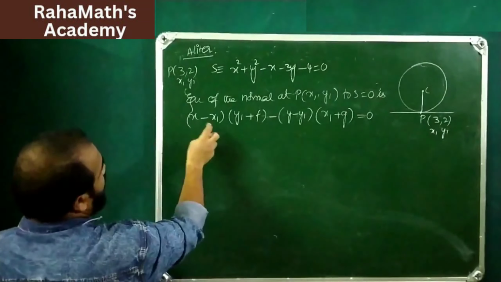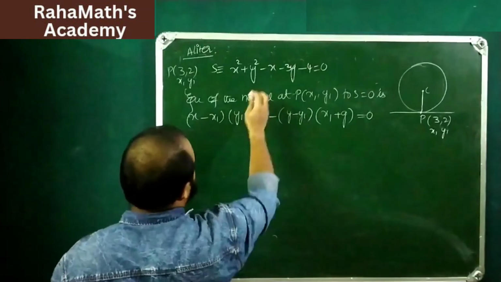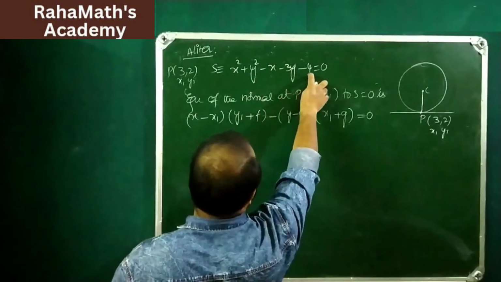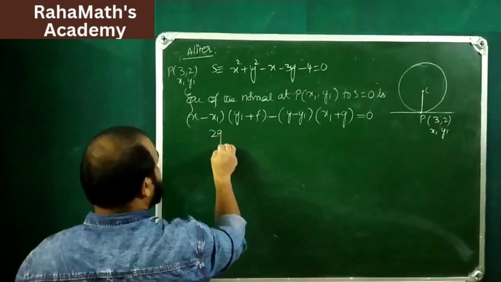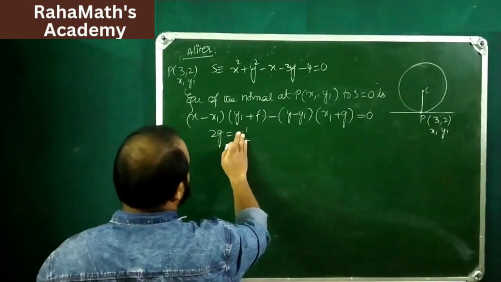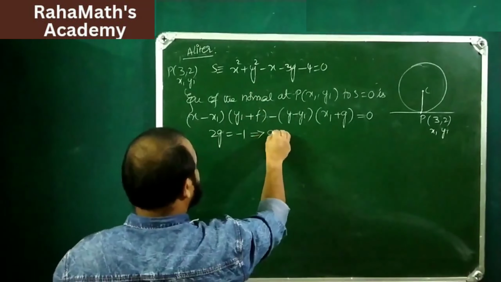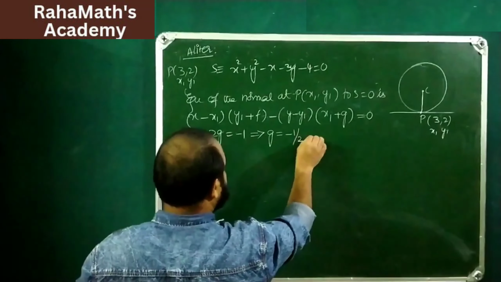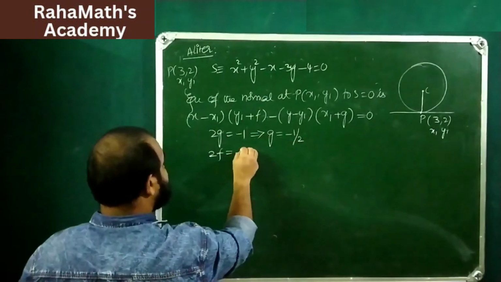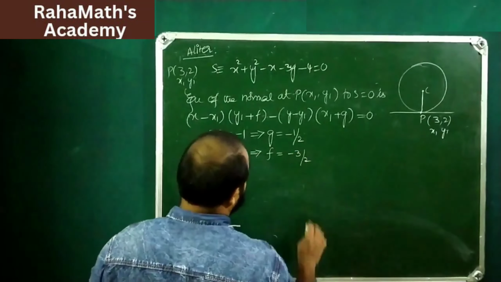Here x1 y1 value is 3 comma 2, and g and f values: the circle is x square plus y square plus 2gx plus 2fy plus c equals 0. So 2g is equal to minus 1, g is equal to minus half. And 2f is equal to minus 3, f is equal to minus 3 by 2.